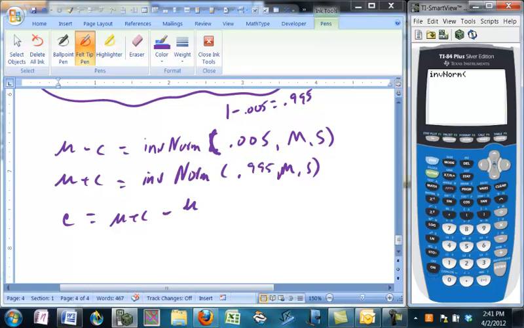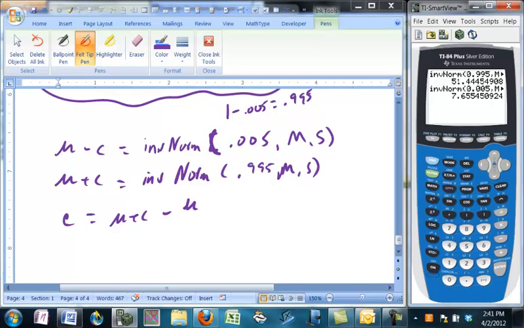Yes, there we go. 0.995, M and S. That was the upper. The lower is we replace the 0.995 with 0.005.